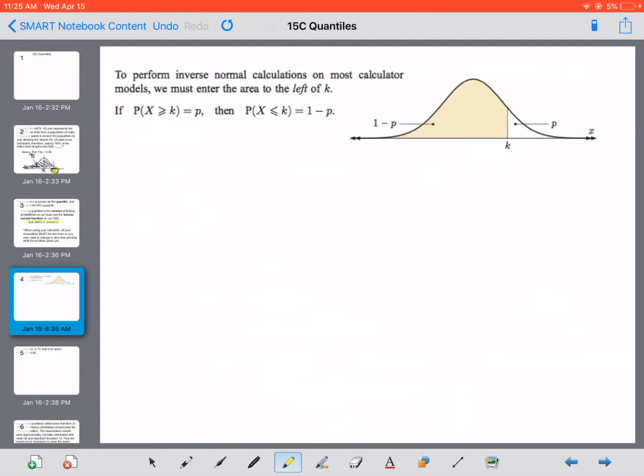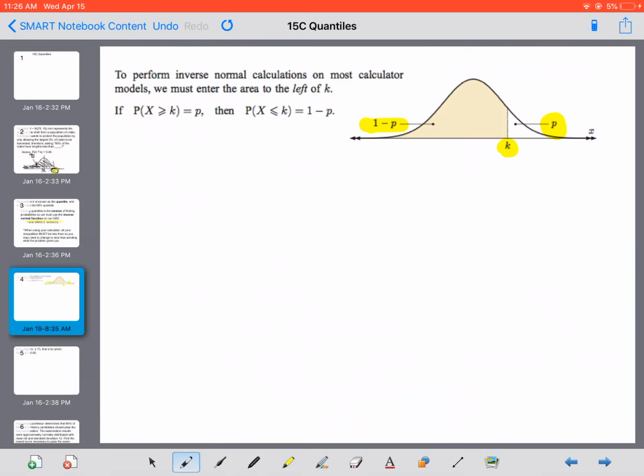Well, let's think about just the normal distribution curve. If this is k, and I tell you that the probability of being greater than k is p, then isn't the probability of being less than k going to be 1 minus p? Because that whole curve is 100%. So you're just subtracting that away so that you can find that value.